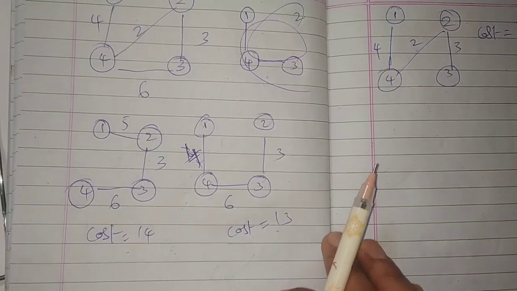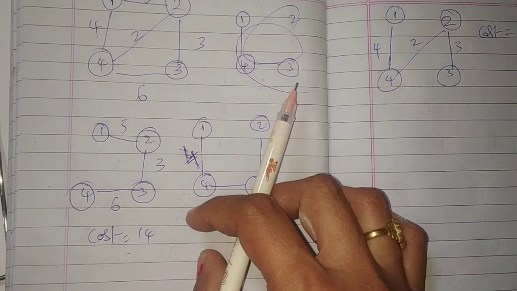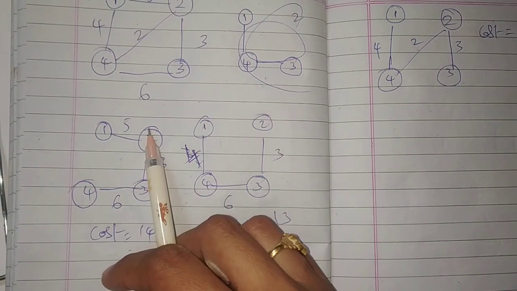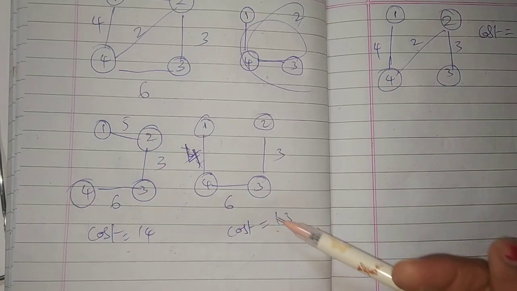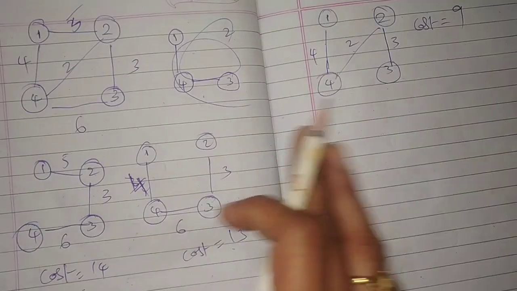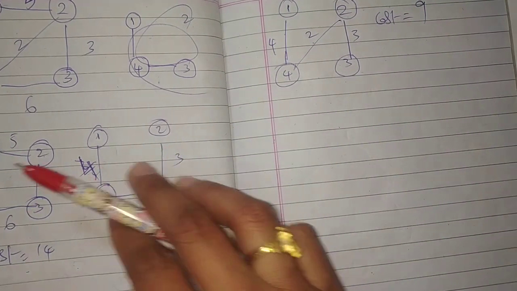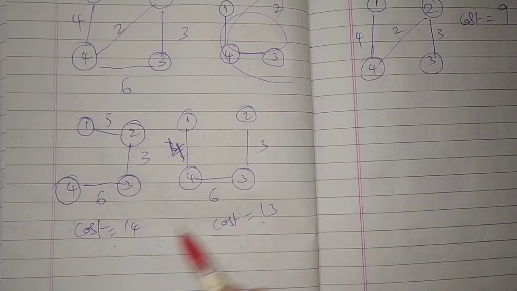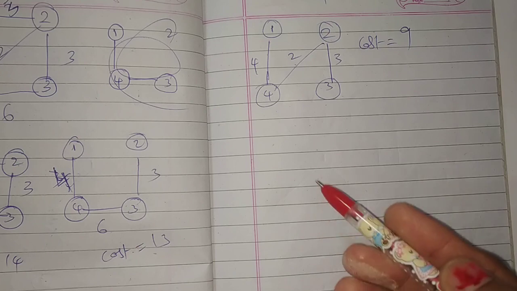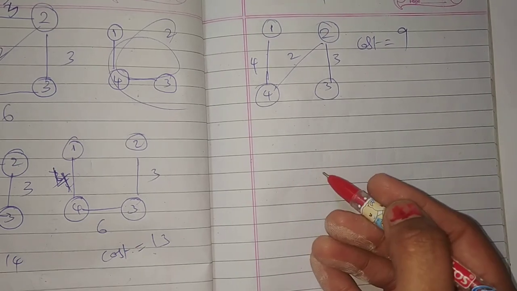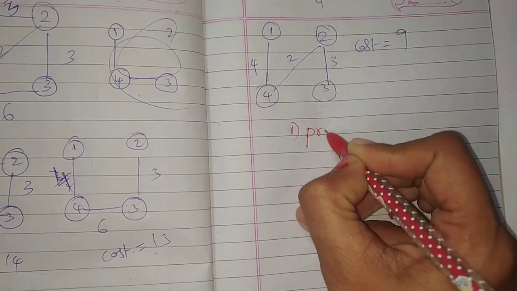Then how will you find the minimal cost of a spanning tree? How do you find the minimum cost of a spanning tree? Understand? Right. For this we have two algorithms. One is Prim's algorithm.